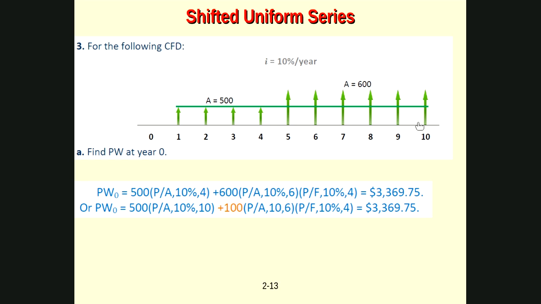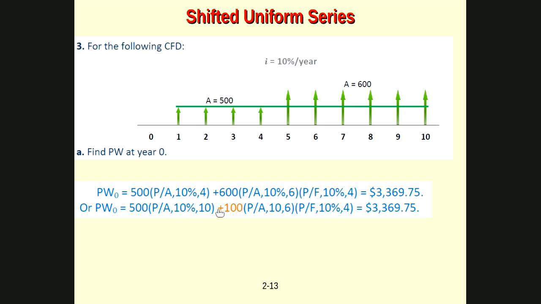Years 5 to 6 has additional 100 to that 500. So he subtracted the 500 for those years and he used the 500 from 1 to 10 converted in one step.